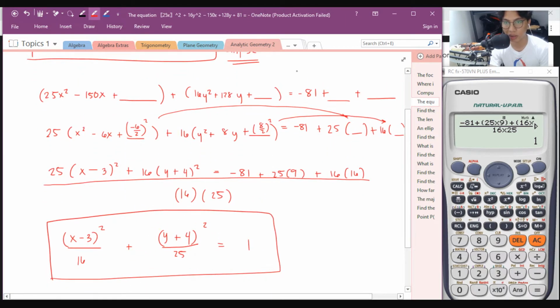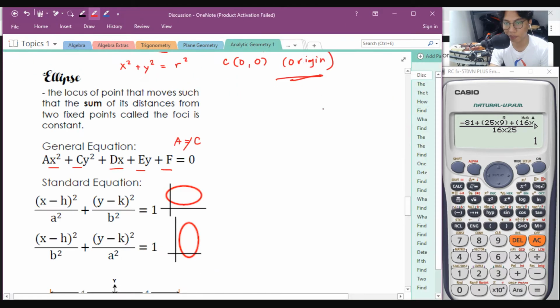O, going back. Analytic Geometry 1. Standard equation, ito yung sinunod niya. Okay? Ito ang sinunod niya. Ibig sabihin, yung H mo is, titignan mo dito pag, ito kasi ang tawag dito, A and B ay major and minor axis.